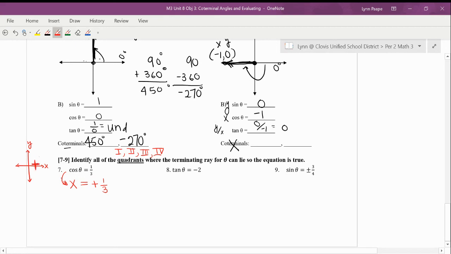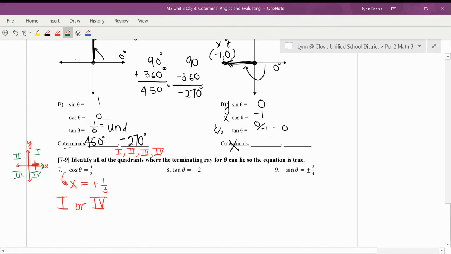So that would be in quadrant 1, or down here in quadrant 4. Right, so just a reminder on quadrants, this is quadrant 1, 2, 3, and 4. So where is cosine, which is the x value, positive? That's when I go to the positive x-axis, so that would be in quadrant 1 and quadrant 4.